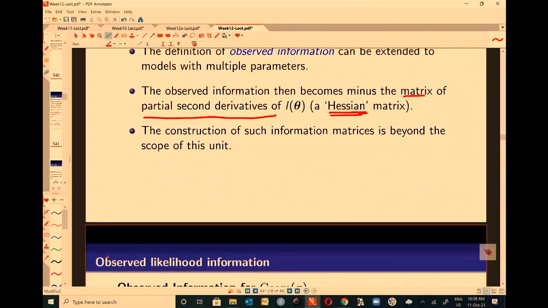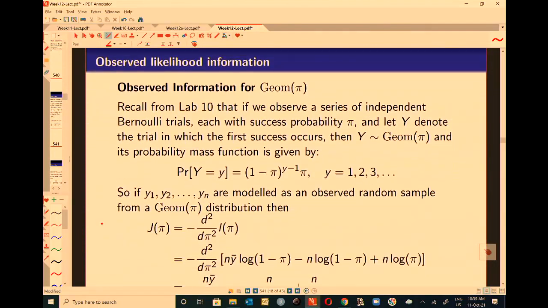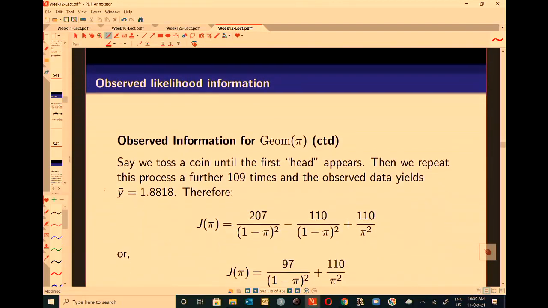Now, to actually find the information matrix, I'm not going to do it here, but if you do any higher mathematics or higher statistics, you'll find it there. The most important thing with the information matrix is this.